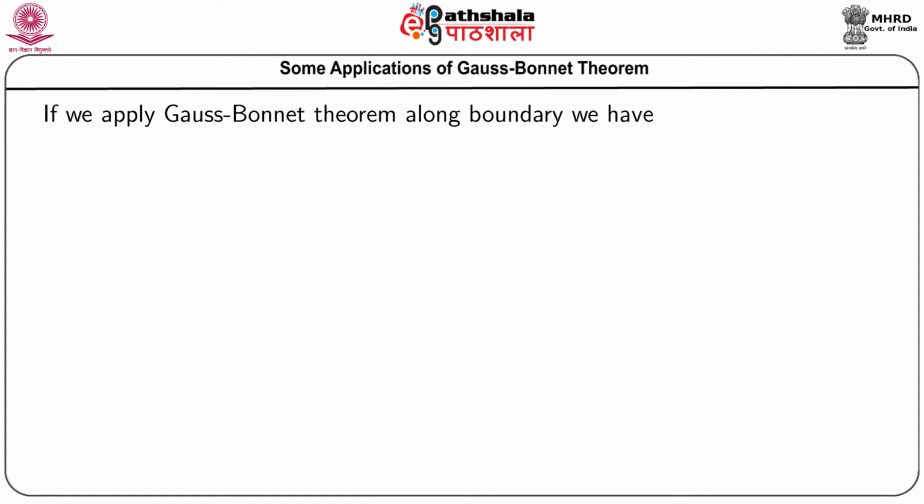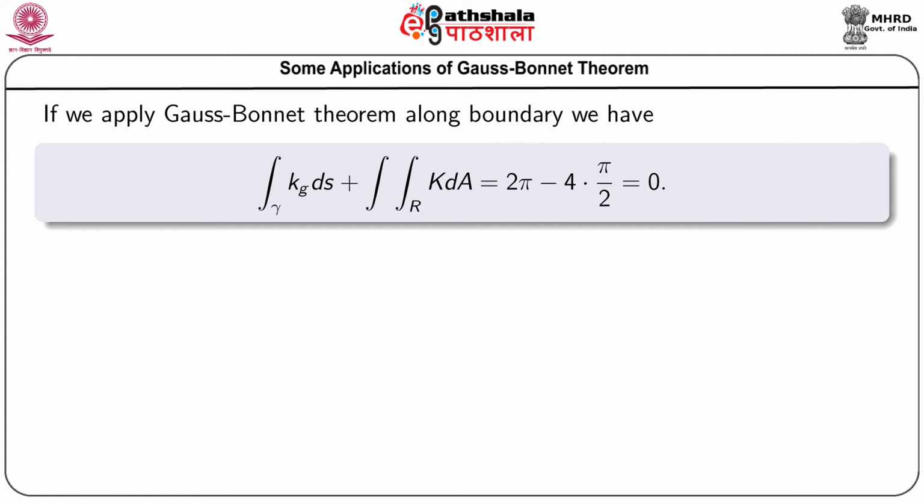Then if we apply Gauss-Bonnet theorem along the boundary, we have this one, because here the angles are making pi by 2. So, 4 angles give 4 into pi by 2. So, the integration over gamma of kappa g ds plus the double integration over R of k dA equals 2 pi minus 4 into pi by 2, that means it comes to 0.